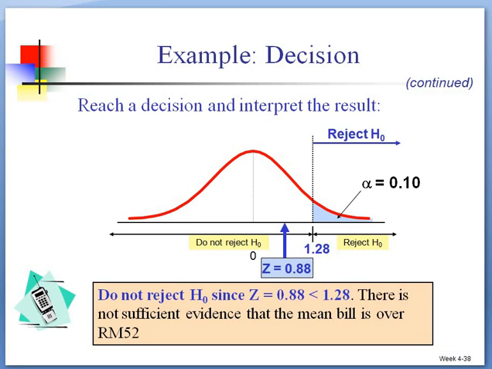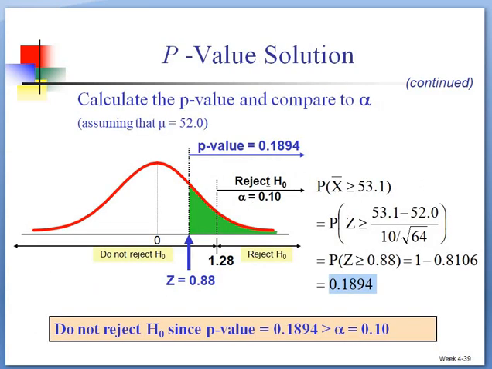Now, if the question asks you to find the p-value, then we can calculate it. The probability of X bar being greater than or equal to 53.1: 53.1 minus the population mean 52, divided by the standard error, and so on, we get 0.88. These are the first 7 steps that we use.